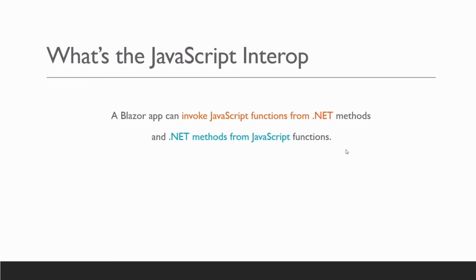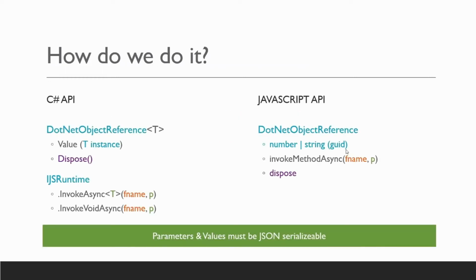So what exactly is the JavaScript Interop? It's a way that Blazor can invoke JavaScript methods from within .NET, but it also allows us to call .NET methods from within JavaScript. That can get really interesting. So we're going to break down some of the ways that we can communicate with our application APIs through C# and through JavaScript.